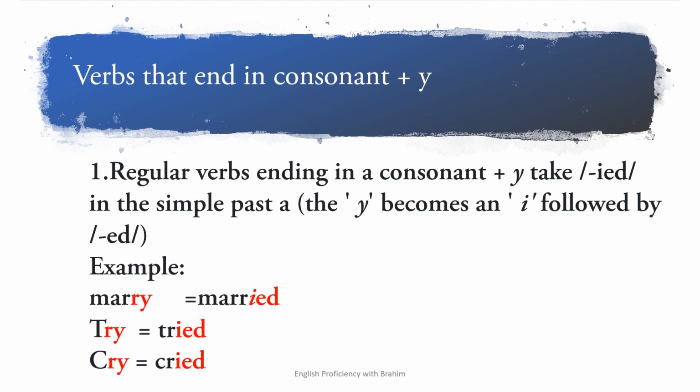Example, marry. So we have R plus y. It becomes I, E-D, married. Try. We have R plus Y, which means the end is an R plus a Y. That's the end of the verb. So we change the Y into I and we add ed. Also the same for cry, cried.